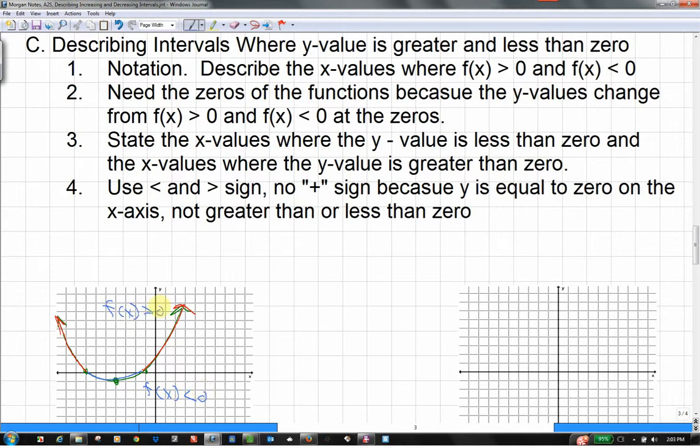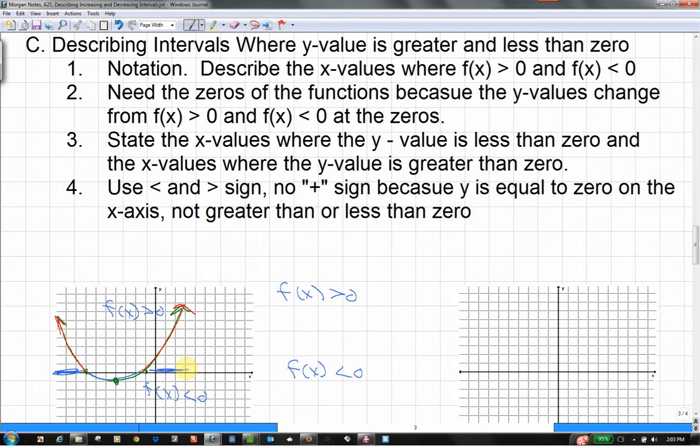So what I need to do is specify those. Okay, so where is y greater than 0? And where is y less than 0? Okay, so let's take a look at that. I can see that y is greater than 0 for all my x values out here and out here.